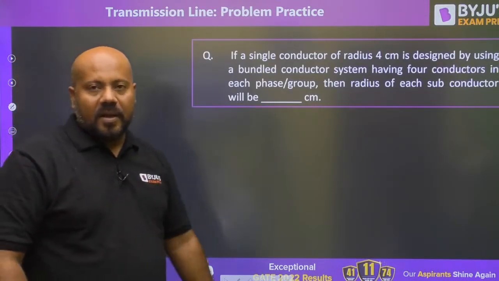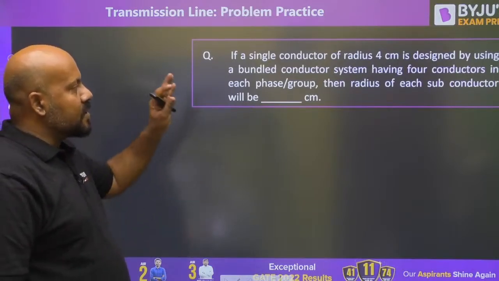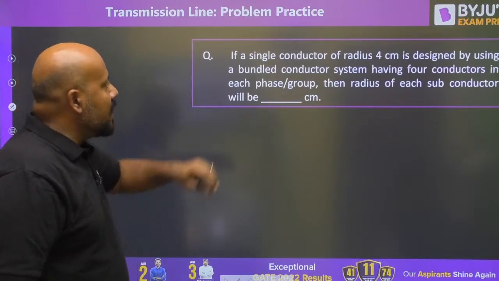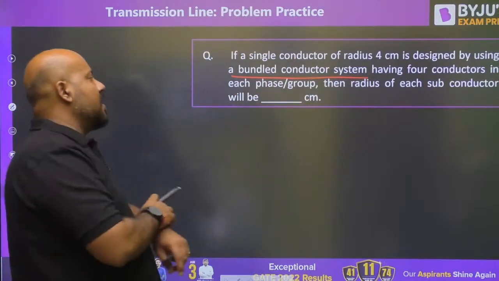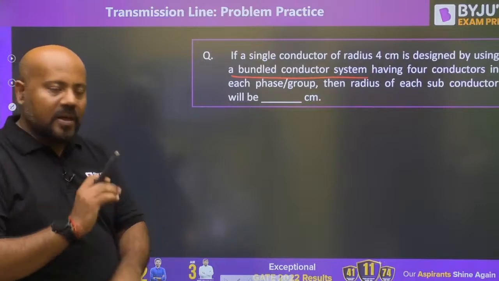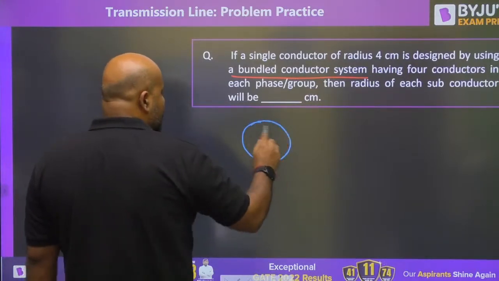See the next one. The next question talks about a single conductor of radius 4 cm designed by using a bundled conductor system having 4 conductors in each phase or group. So what is happening here? The basic idea is, suppose this was your conductor.